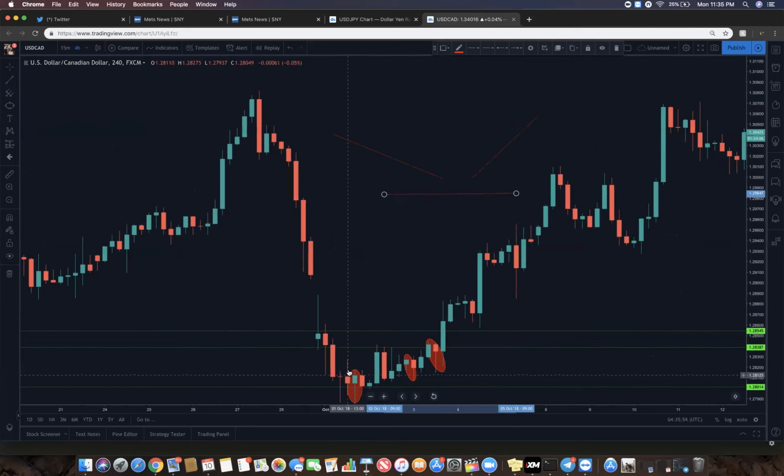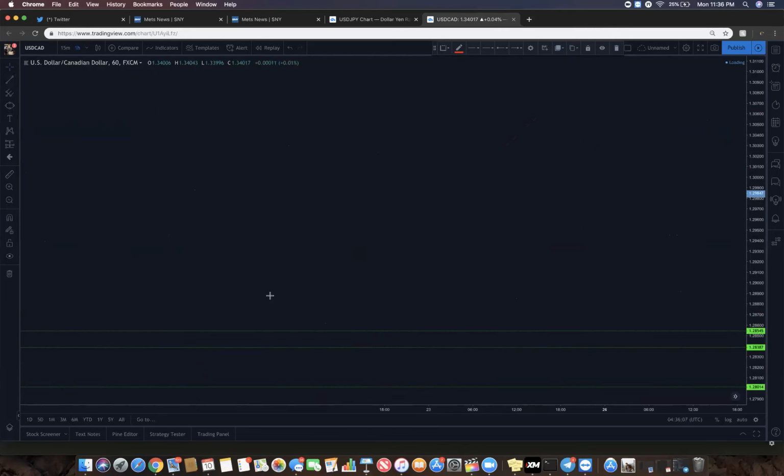So here I have a resistance area where the market is testing it, and I have 1, 2, 3, right? In this case, on the third touch, let's go down one time frame so we can see more of that information.